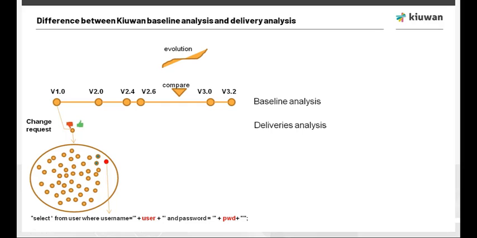It is a user input. So Kiuwan will not accept this delivery because it is a SQL injection. It is a real problem, a real security problem, a real serious problem. So you need to correct this problem. You need to fix that in order to continue with your pipeline, in order to have the green line from Kiuwan.